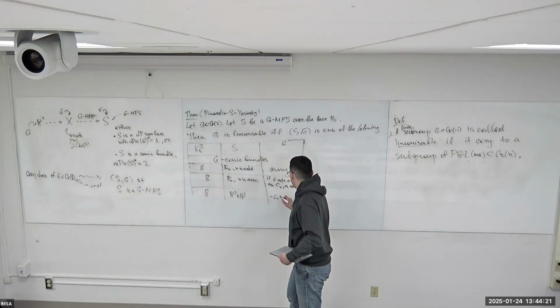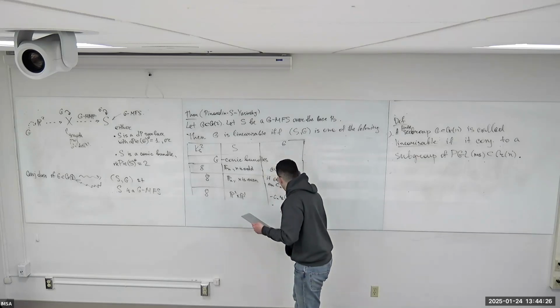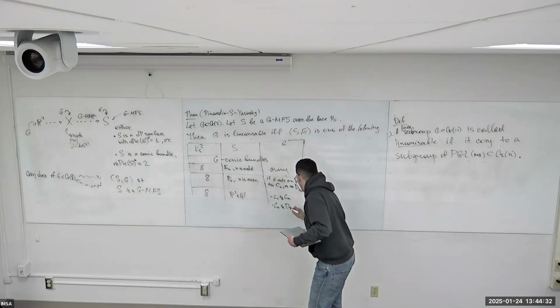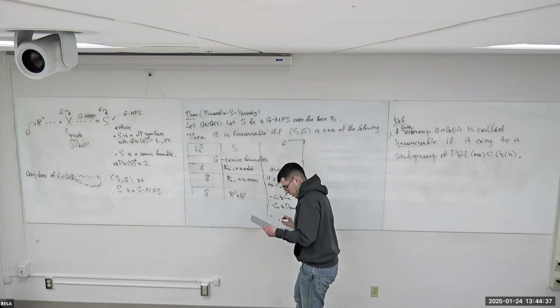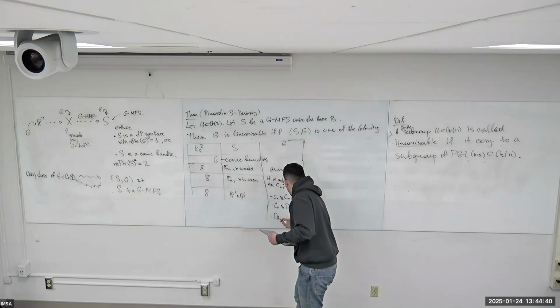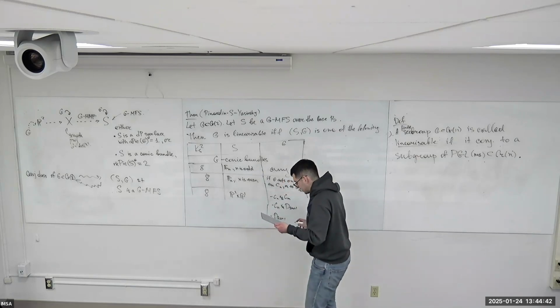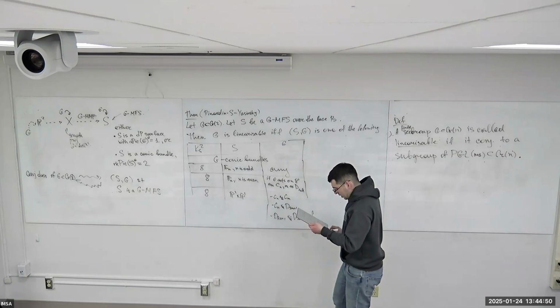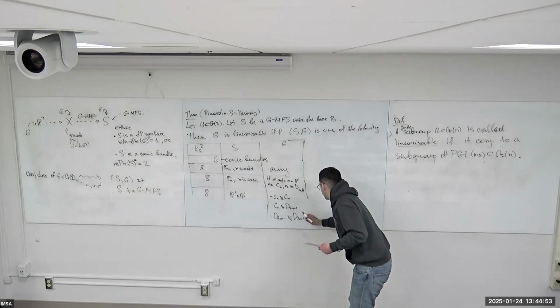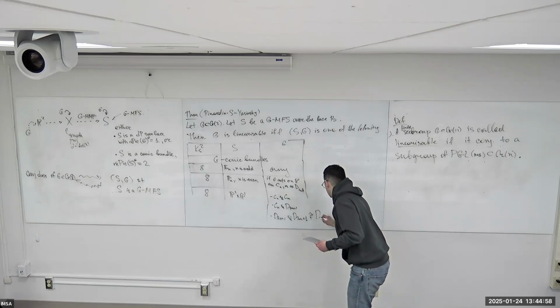It's either a fiber product of two cyclic groups, or a fiber product of a cyclic group with a dihedral group of odd order, or two odd dihedral groups over Q, and this is isomorphic to a dihedral group, some Dn.